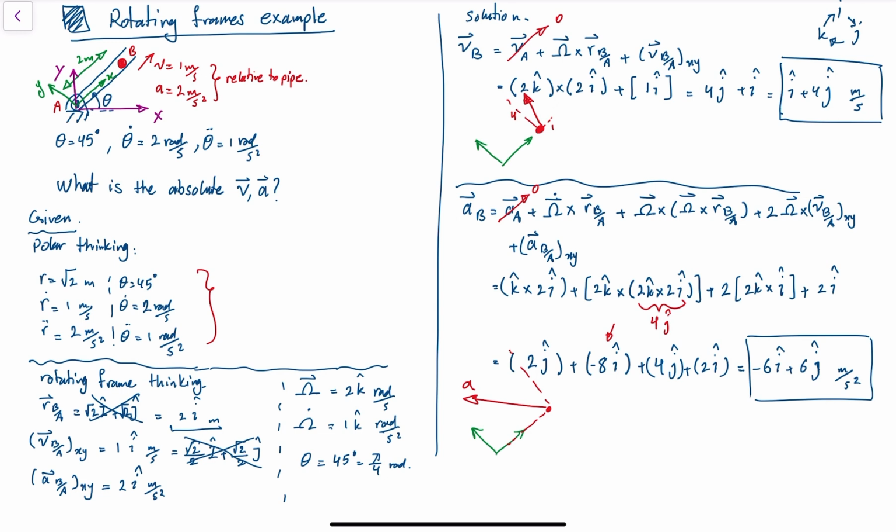You could solve this particular problem using polar. But as I mentioned, the rotating frame is extremely general purpose, and you can apply it to any problem, as long as you properly set your frames. So that's the end of this example. I will see you sometime later.